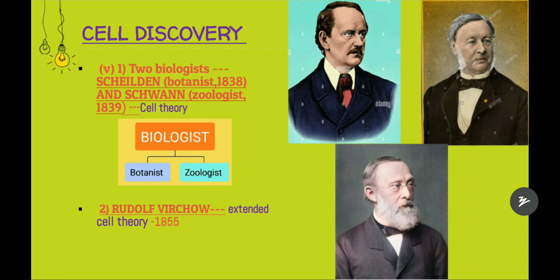So there are three points in the cell theory, given by three scientists. The first two points were given by Schleiden and Schwann, and the last point by Rudolf Virchow. Rudolf Virchow is also known as the father of modern pathology.